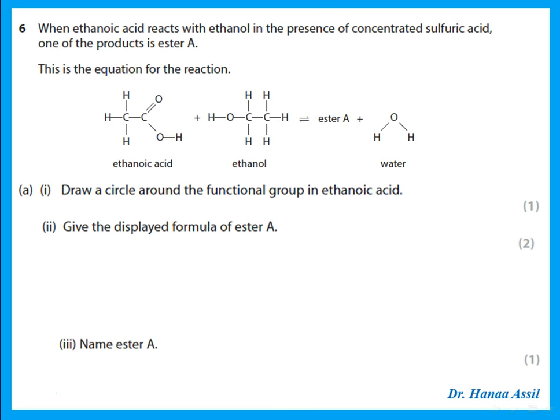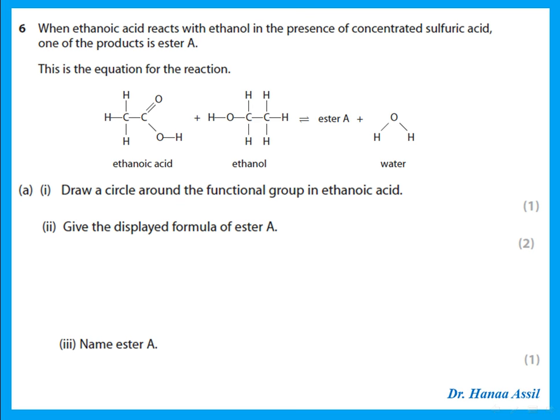When ethanoic acid reacts with ethanol in the presence of concentrated sulfuric acid, one of the products is ester A. Remember, acid plus alcohol will give ester plus water. Now, draw a circle around the functional group in ethanoic acid. Which part of ethanoic acid indicates that it is an acid?